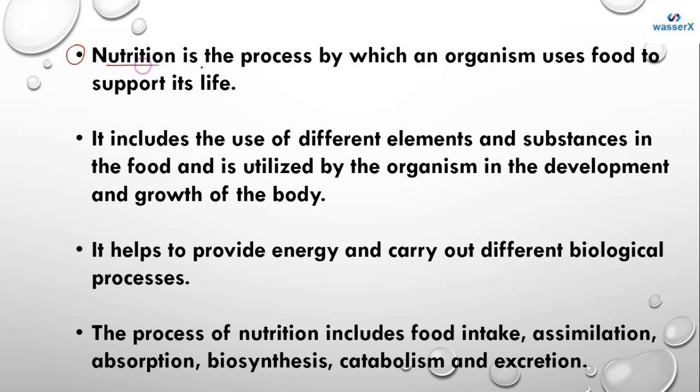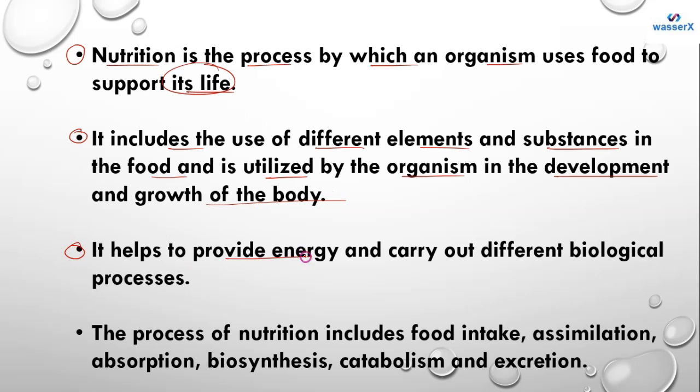As we know, students, nutrition is the process by which an organism, or you can say every organism, basically uses food to support its life. So nutrition is very important for every single organism, right? It includes the use of different elements and substances in the food, further utilized by the organism for the development and growth of the organism's body, right?